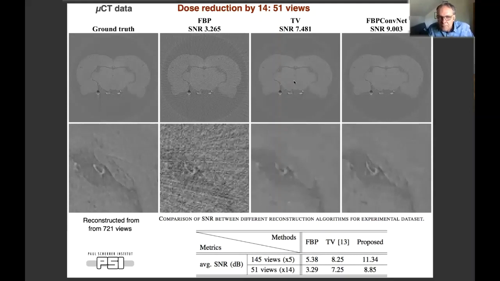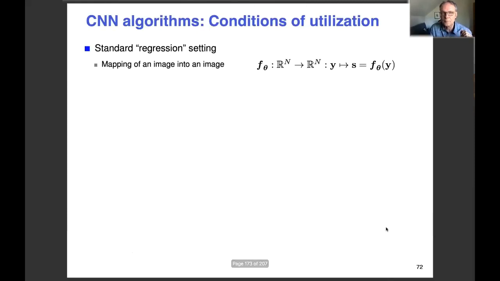With TV, it kind of works, but if you compare to the ground truth, you're washing out details. And the neural network, of course, also loses some structures, but does a better job. And so we also get a better signal to noise ratio.